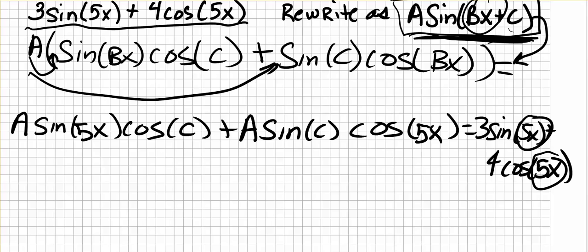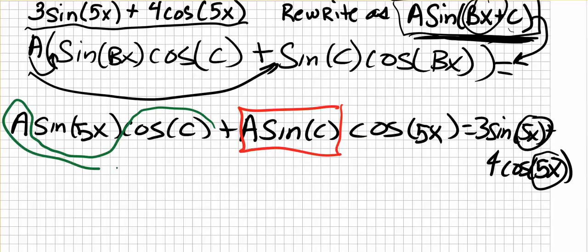So that means that we have a coefficient in front of our cosine function of a sine of c. And then we have a coefficient in front of our sine of 5x of a cosine c. So let's rewrite this.